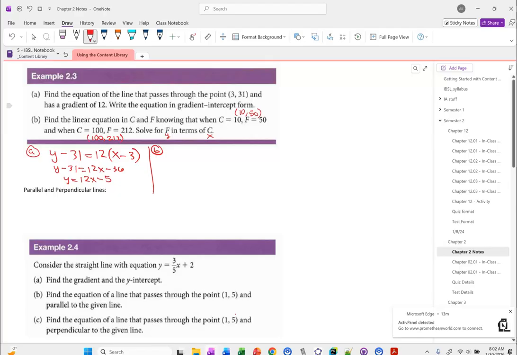So what am I really being asked to do? Asked to write the equation for a line given 2 points. Right? What do I do first? Find the slope.